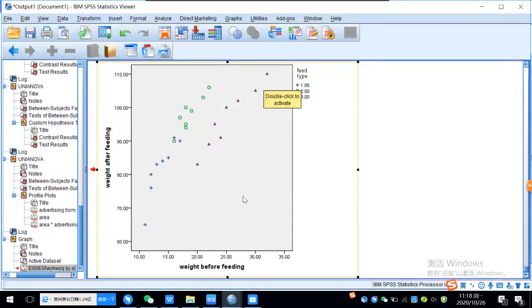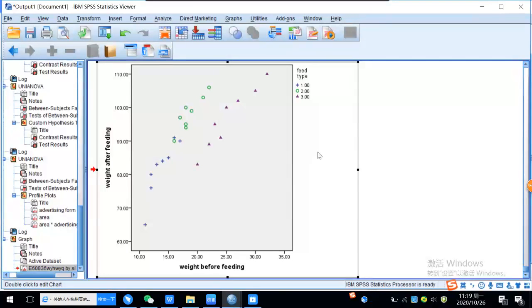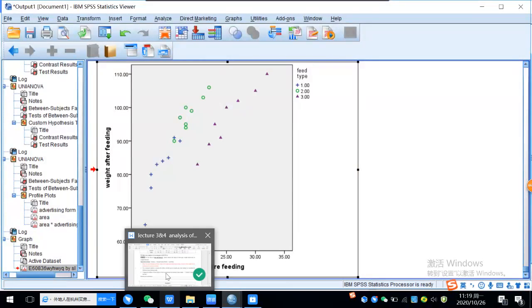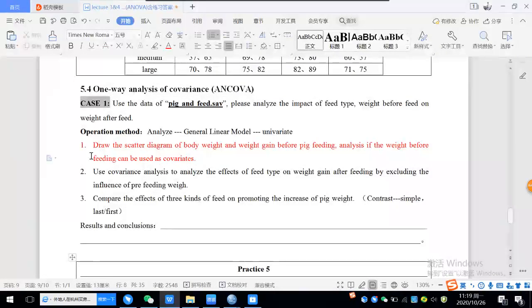So if these two requirements are met, then we can say that the weight before feeding can be used as a covariate. So we answered this first question.